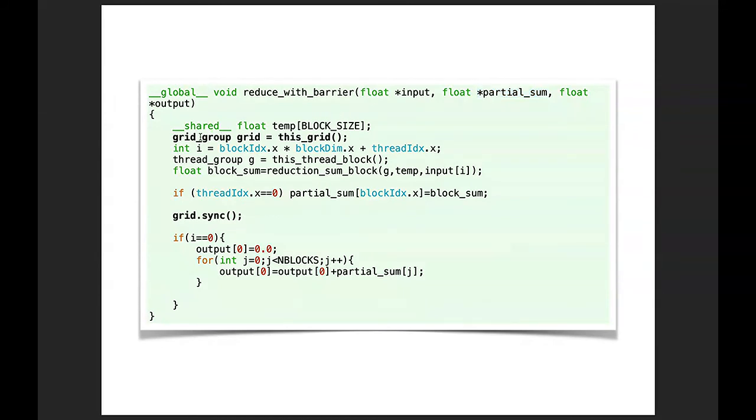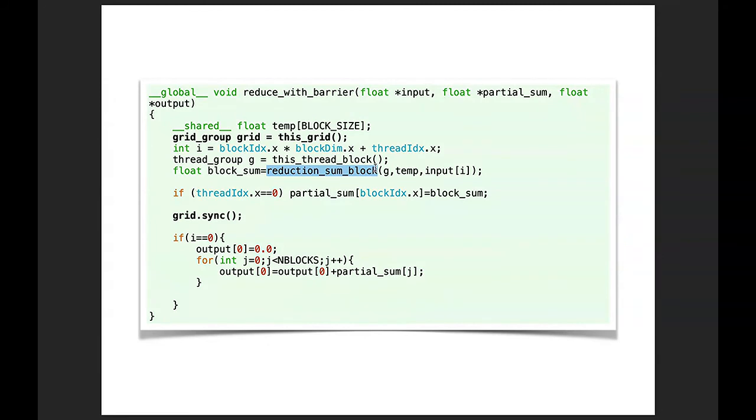And now within my code, I create a grid group object, which just stores the current grid of blocks. So I use this grid method. Once I did this, now it is possible to run grid.sync. And this line, grid.sync, means that as the code runs, all the blocks have to stop at this line and wait until every single other block has reached this line before proceeding. So in this case, each thread launches the reduction sum block function.